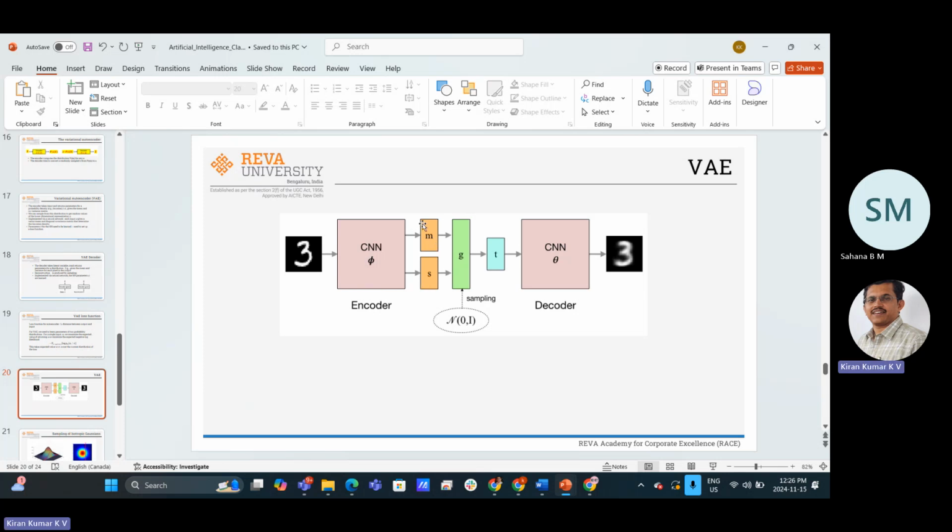We mainly look at the mean and standard deviation of the probability distribution function Z, which is coming in the middle. Okay, and sample it from N(0, I), and sample it to get one sample somewhere in the middle, and that sample is given to your decoder to get the same image as the input. Okay, so this is variational auto encoder.